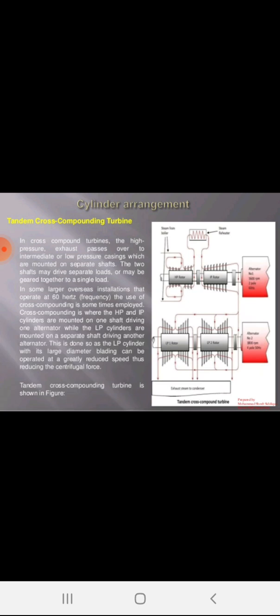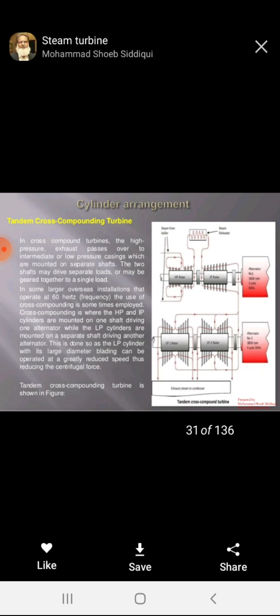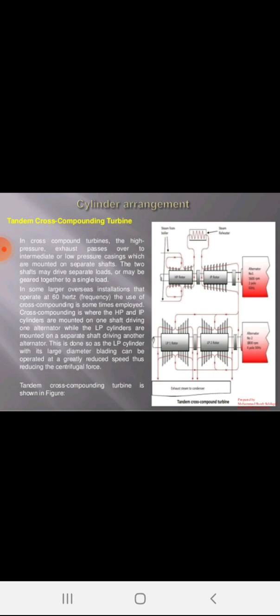In some large overseas installations that operate at 60 Hz frequency, the use of cross compounding is sometimes employed. In cross compounding, the high pressure and intermediate cylinders are mounted on one shaft driving the alternator, while the low pressure cylinders are mounted on a separate shaft driving another alternator.